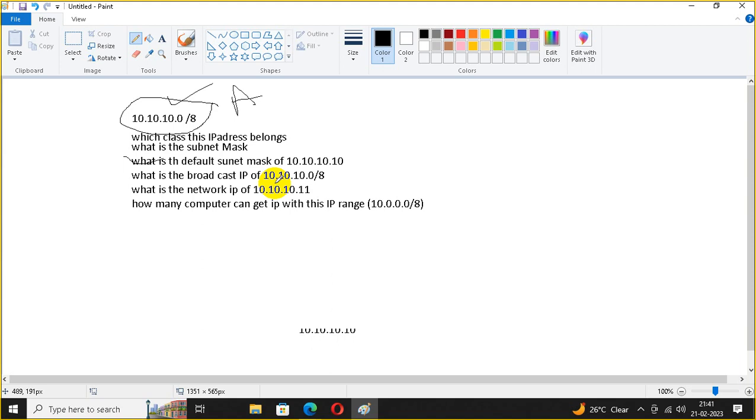Network IP is, mm, network. Okay, how many computers can get an IP in this IP range? The formula is 2 to the power 8 minus 2. 2 to the power 8.